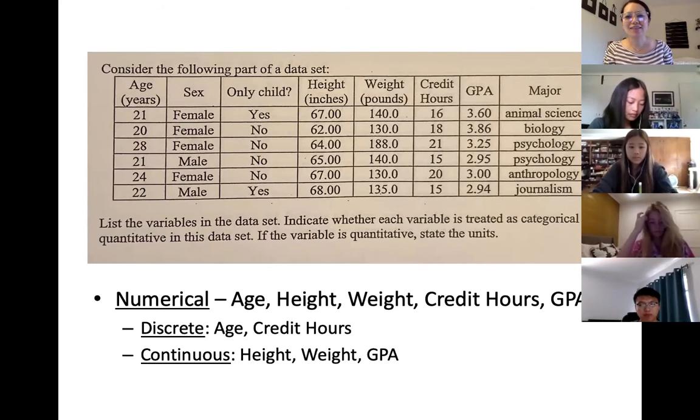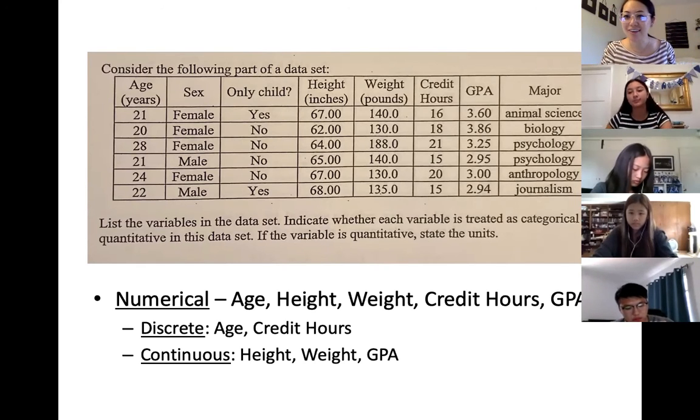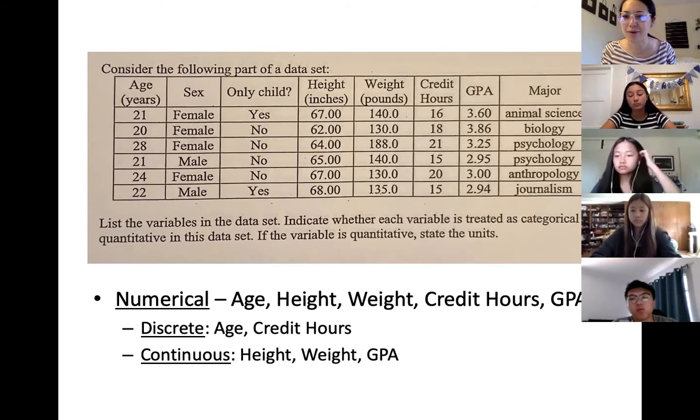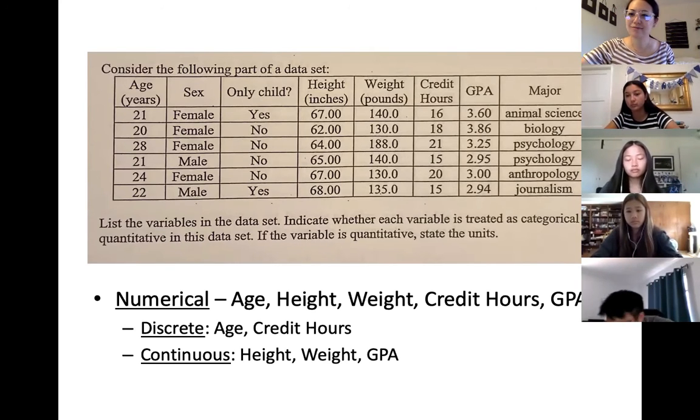What if I asked about your head circumference? Continuous, yeah, because you measure your head circumference. Good. I think you guys got it. Any questions, or do you want more examples? Go ahead and say something if you want more examples or you have questions.